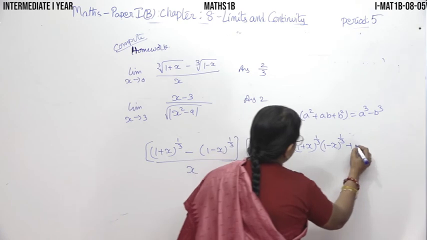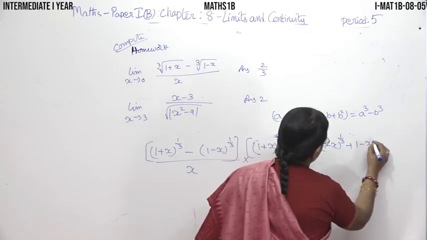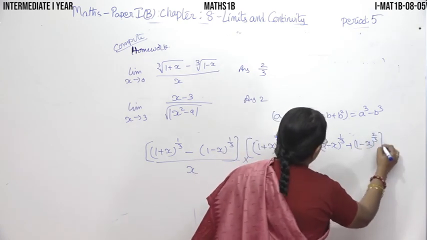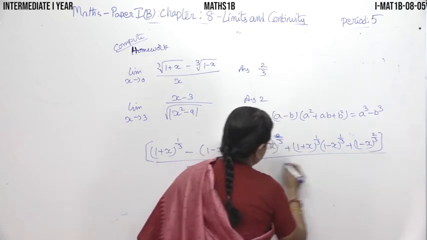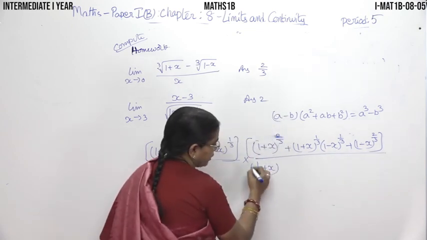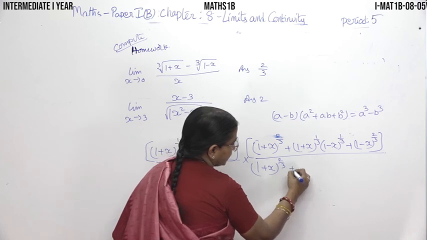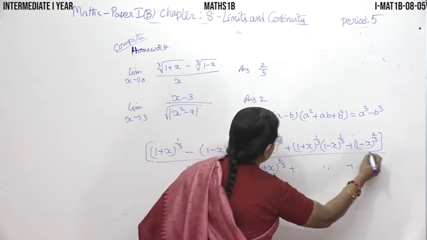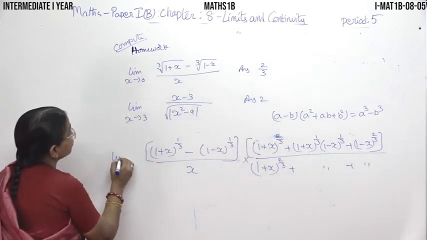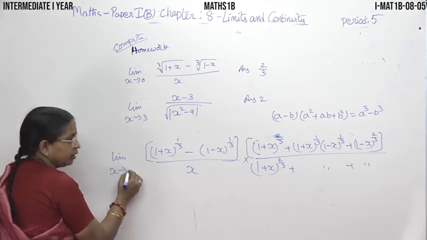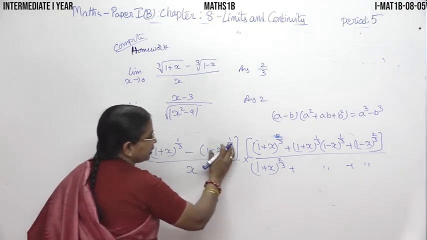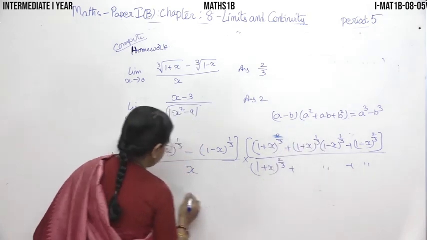B square means 1 minus x whole to the power 2 by 3. So you can multiply and divide like this. So it is limit x tending to 0 of, okay. Now this is in the form a minus b into a square plus ab plus b square.